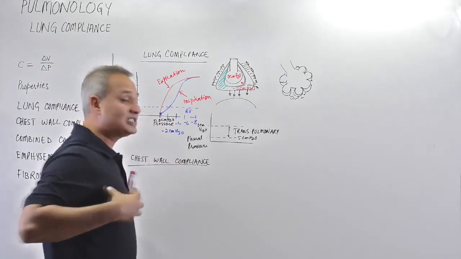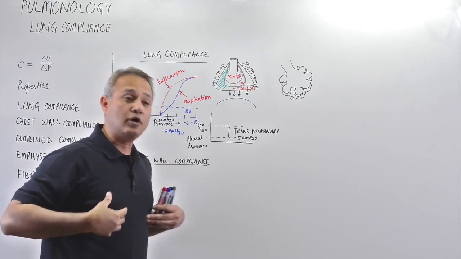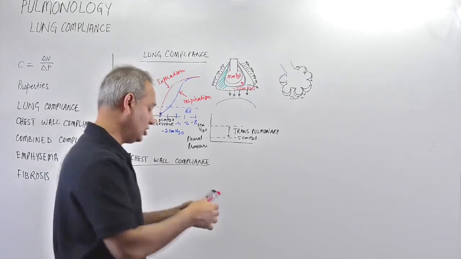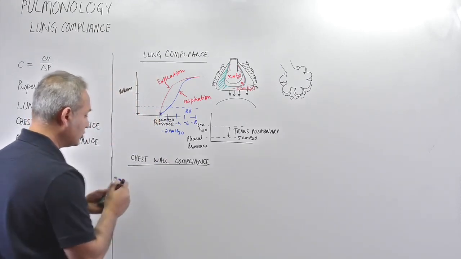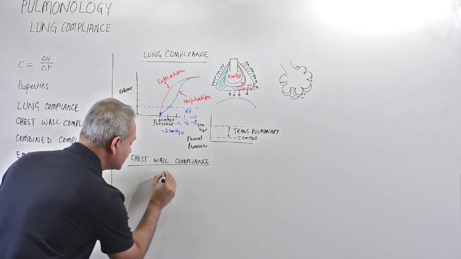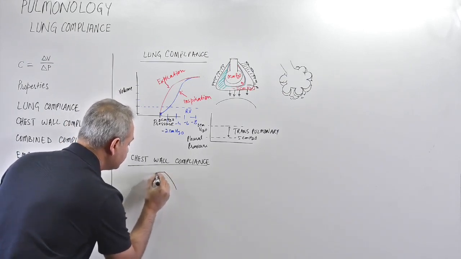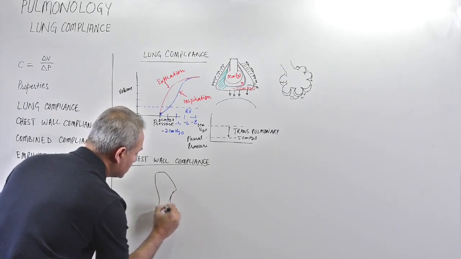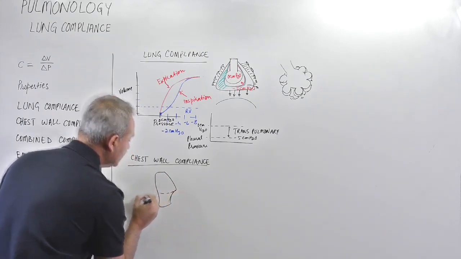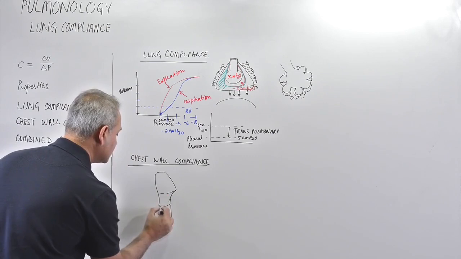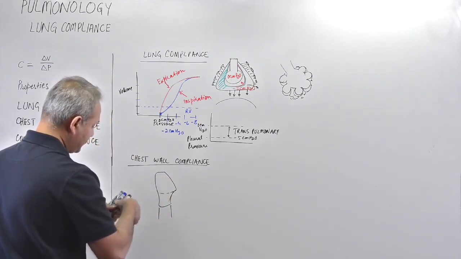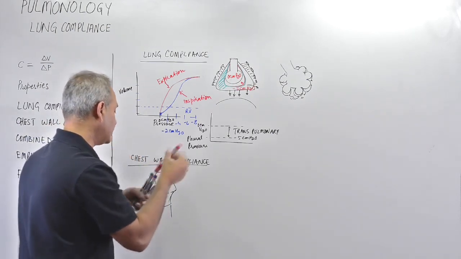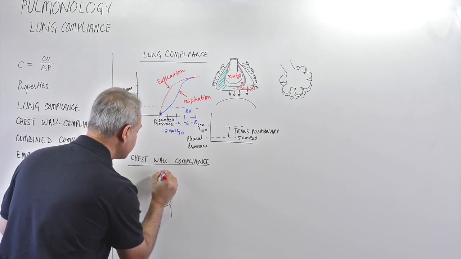Now let's look at the chest wall itself. What are the properties of the chest wall? What I'm going to do is take a chest wall. So this is a chest wall of a person whose neck area is separated and we have closed it.